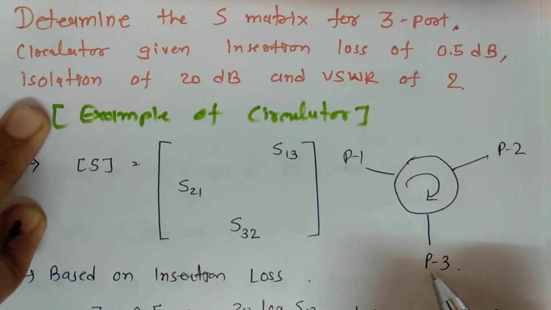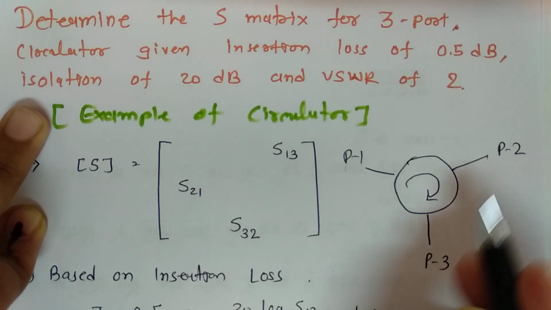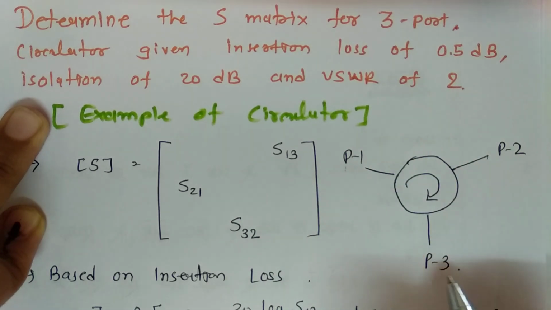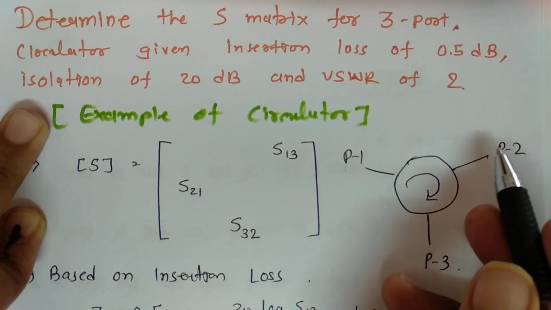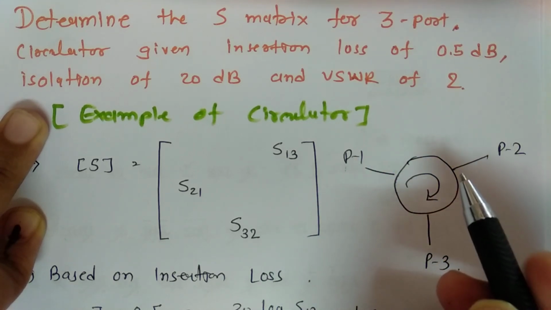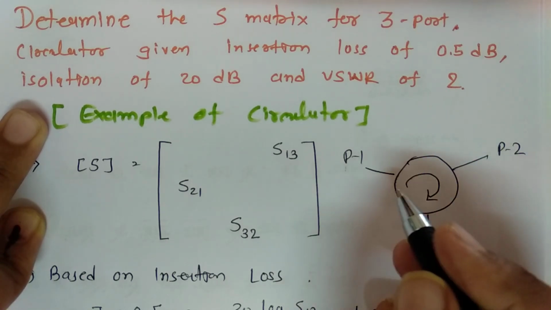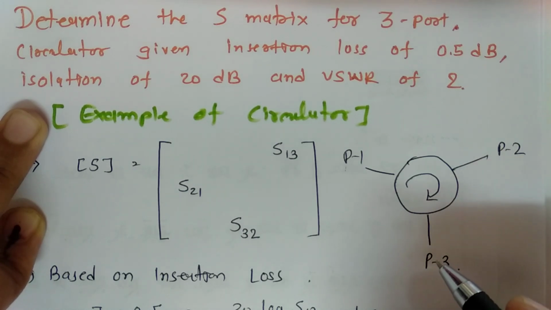If I say input at port 1, output at port 2, that should be isolated. It means S12 should be isolated, S31 should be isolated, and S23 should be isolated.